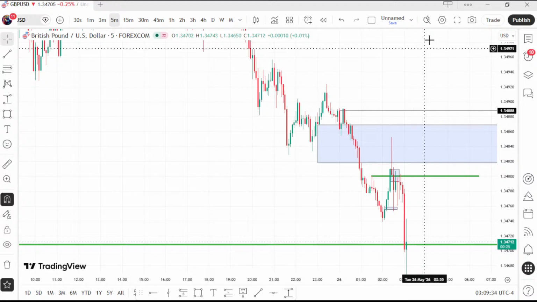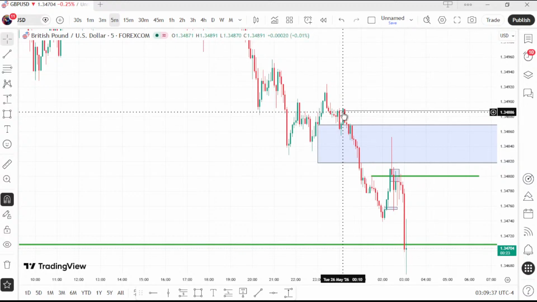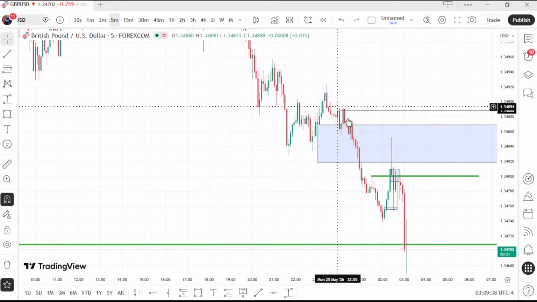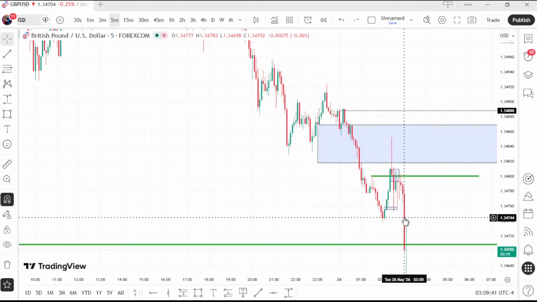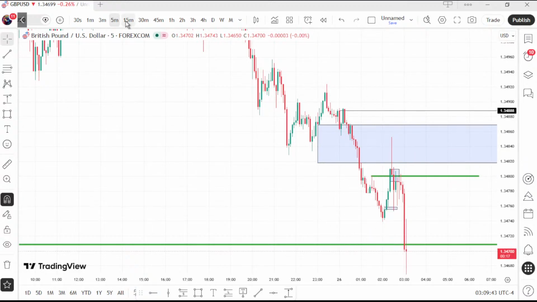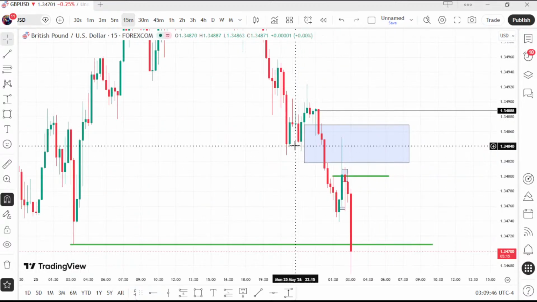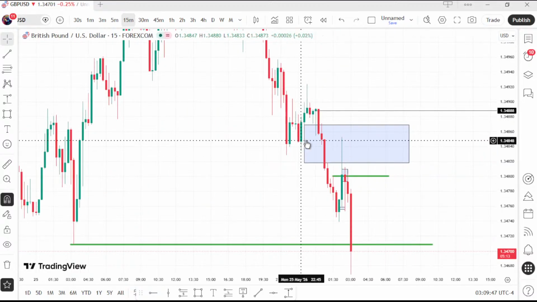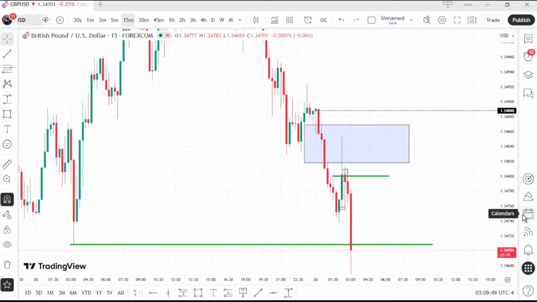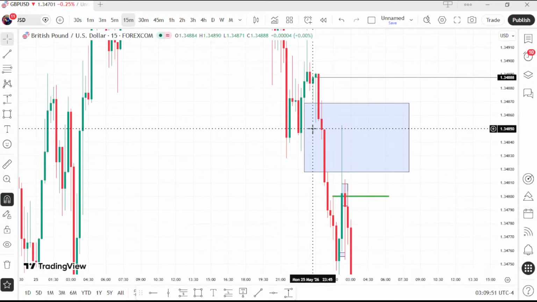You see here, this is actually another model that says if price is so bearish, buy the first retracement to the first fair value gap. You see that also was a fair value gap at the 15 minutes. See this here.